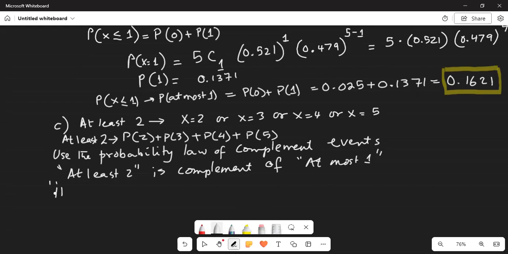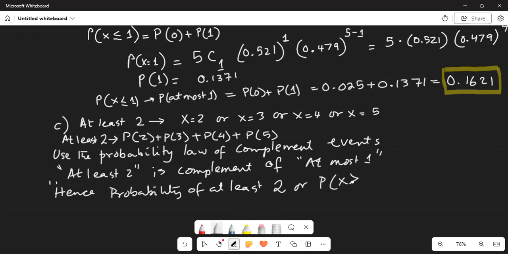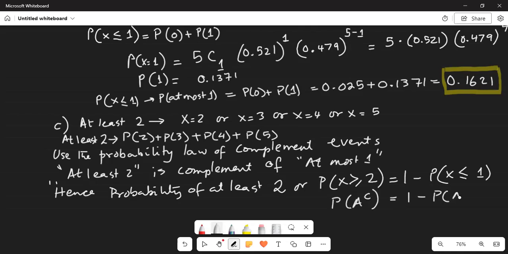Hence probability of x greater or equal to 2 is 1 minus the probability of the complement event, which is x less or equal to 1. So here we used: probability of the complement of A is 1 minus probability of A. My complement event is at least 2, and A in this case is at most 1.